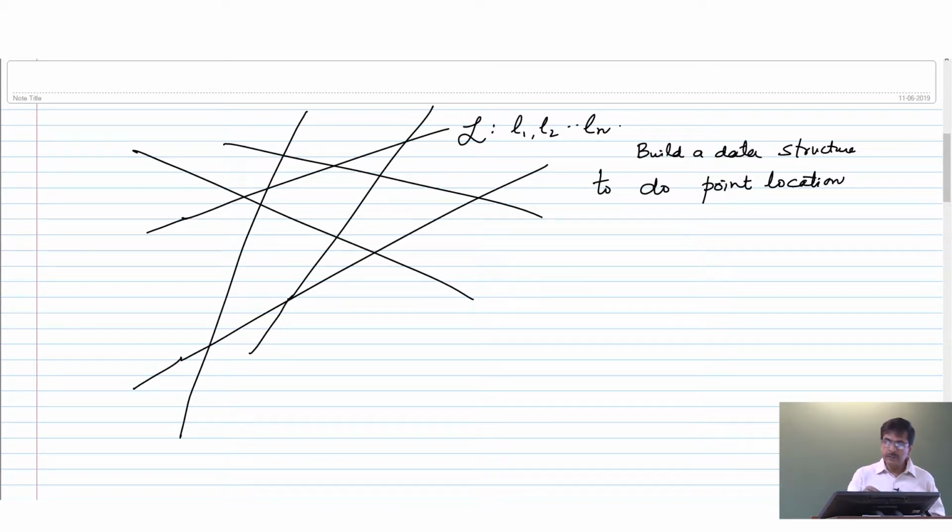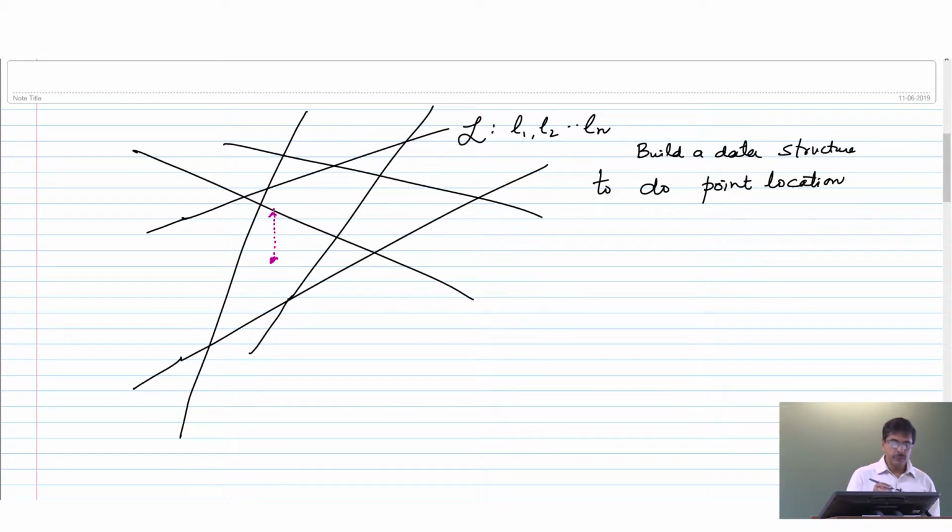And I want to build the data structures on L such that given any query point like this, let us say here, I want to actually report which line lies directly above this. Okay, it's like I shoot a vertical ray, and whichever line it hits, that is the answer to this query. Okay.